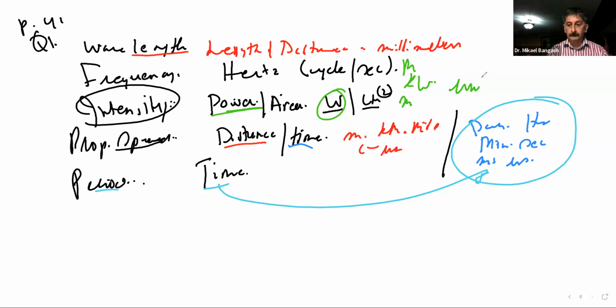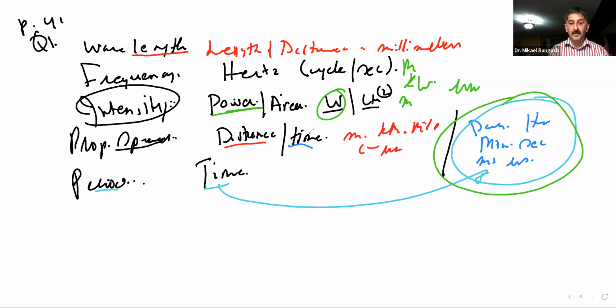Any questions here? And that's for period that you just asked about. Period is any unit of time, and that's why any of these units here can be a period. Time here is the same as we had in speed, right?